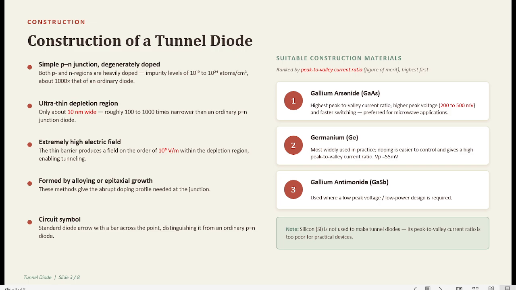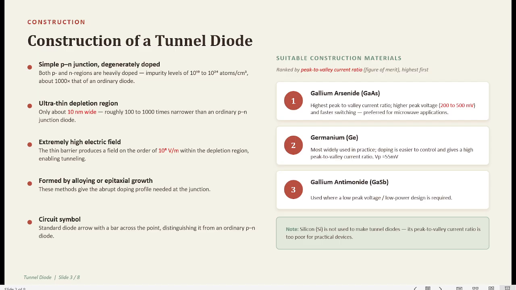For the materials to be used for the construction of this device, here I have listed three materials: gallium arsenide, germanium and gallium antimonide, in the order of preference of their use. Gallium arsenide has some important features in its favor.